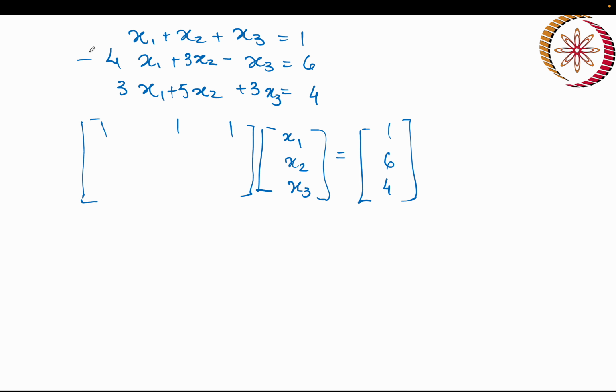Then the next row is 4 3 minus 1, and for the last equation it is 3 5 3.